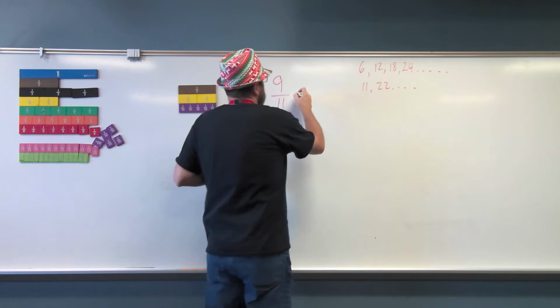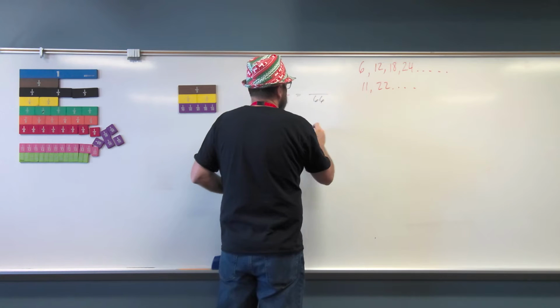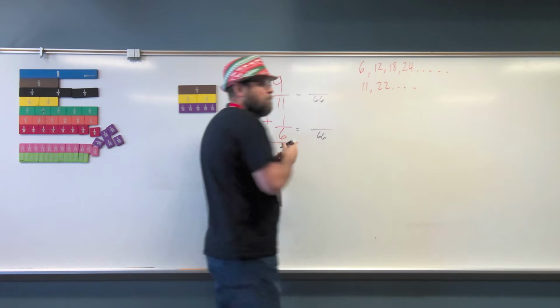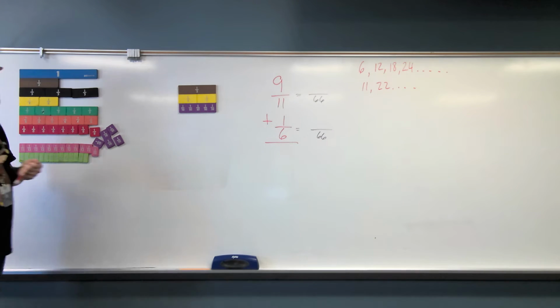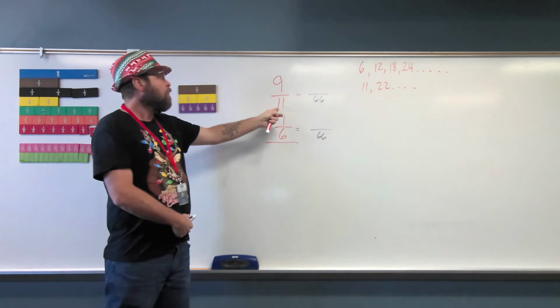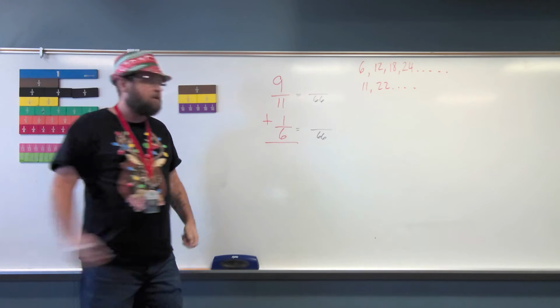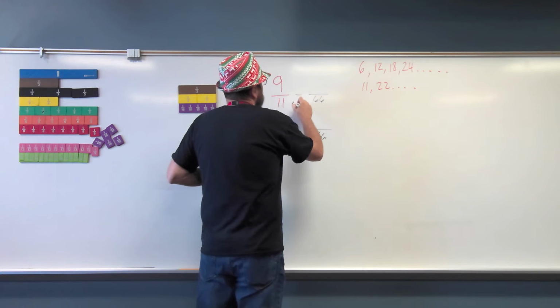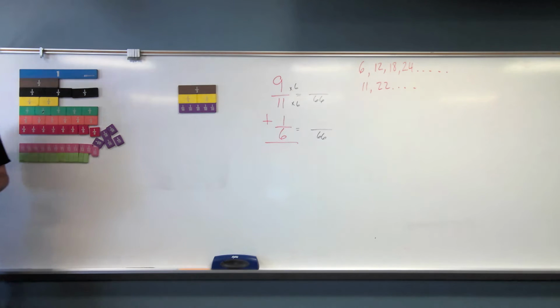So now I need to change these fractions, both, so that they're over 66. But I can't change the value. So now I need to figure out 11 times what equals 66? 6. So I have to multiply both my numerator and my denominator by 6.